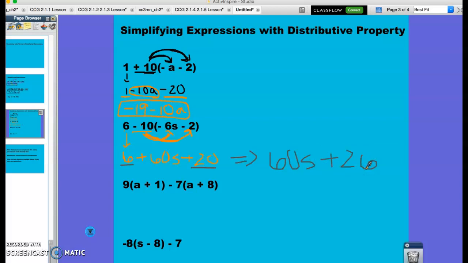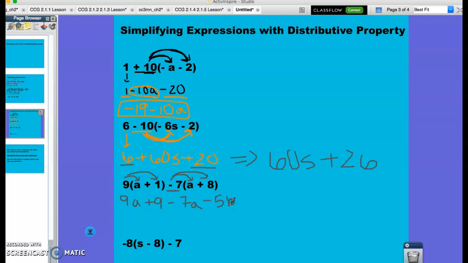Okay, now in this next one, we're going to use that distributive property twice. So I'm going to take my 9 and multiply it times a and times 1. So I get 9a plus 9. Then I'm going to take that negative 7 times a and times 8. So negative 7 times a gives me a negative 7a, and a negative 7 times 8 gives me a negative 56.